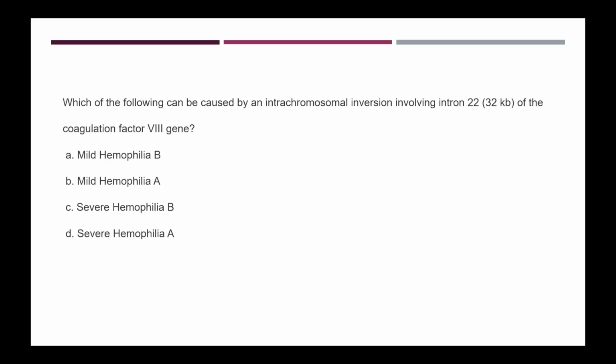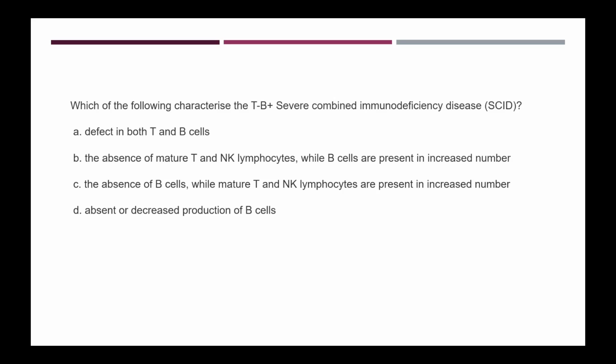Okay, I have to check this. This one will come later. The intron inversion. Okay, so which of the following characterizes T minus B plus severe combined immunodeficiency? If it is T minus B plus SCID, then what is the defect?